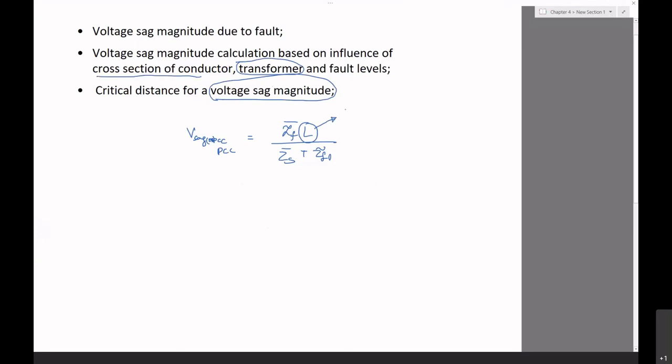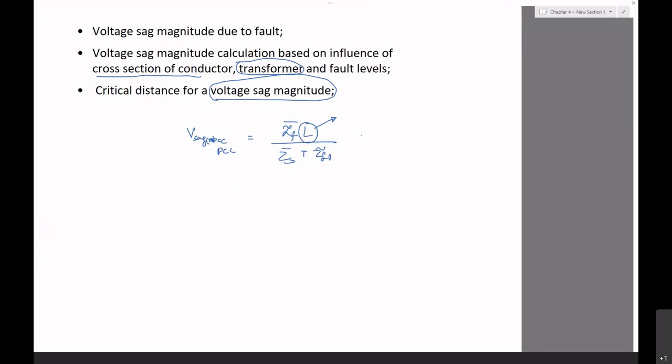And this voltage sag magnitude is also dependent upon whether it is an underground cable or an overhead line, because obviously the line impedance is going to influence it.